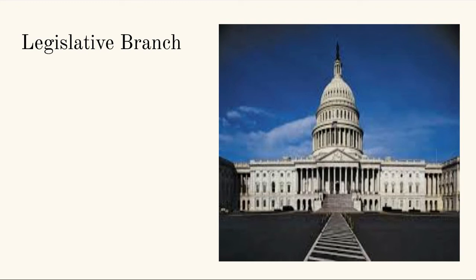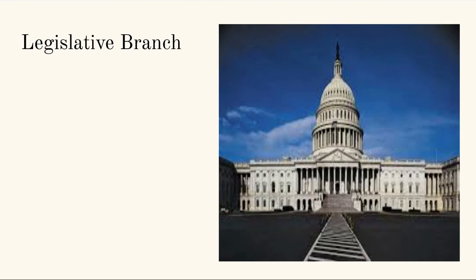All right. In the legislative branch, does anyone know what this building is? Okay, you can talk about it for like 5 seconds. If you said that this building pictured here is the Capitol building, you're correct. The Capitol building is where the Congress meets when it's in session.